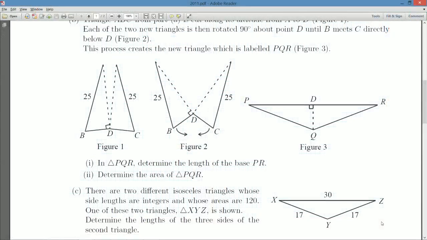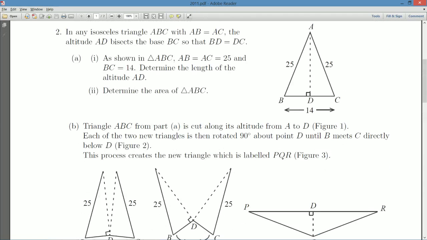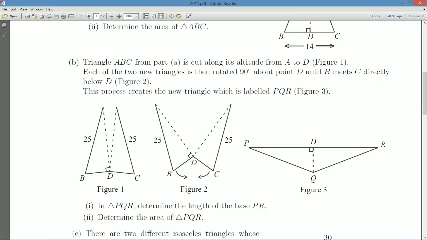And I believe we're also asked to determine the area of PQR. Now there's 2 ways I can think of immediately to go about this. All we did was cut this triangle and rearrange its pieces, so the area hasn't changed at all. We've just rearranged the area. And so we could probably make an argument that way.